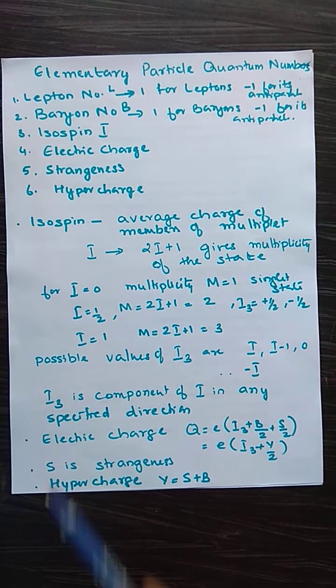Similarly, the baryon number corresponding to each baryon. If you look at the classification, in the baryons you have the nucleons and the hyperons. All of them have baryon number 1 and their antiparticles have baryon number -1. All the particles which are not baryons, that is, either leptons or bosons, will have baryon number 0.